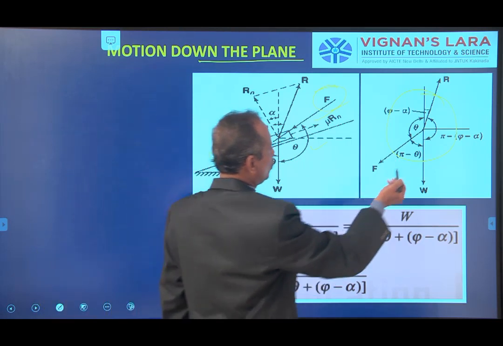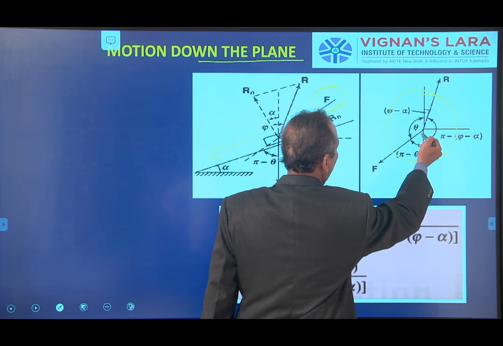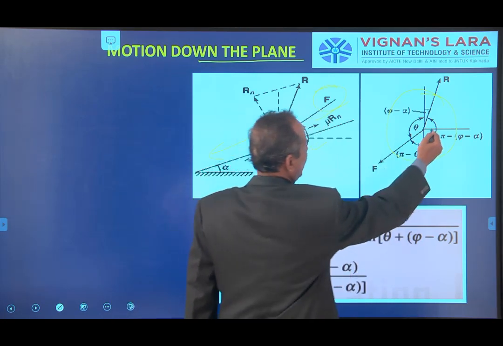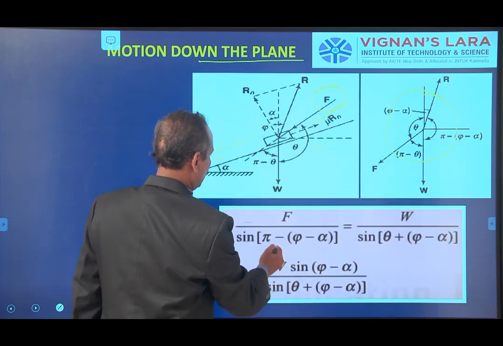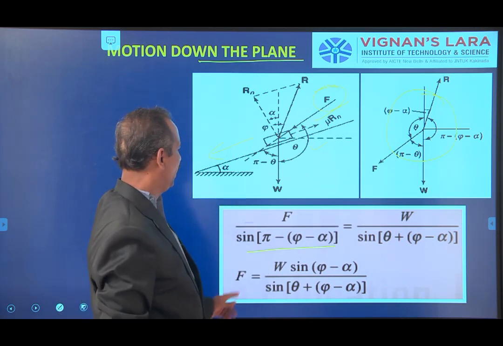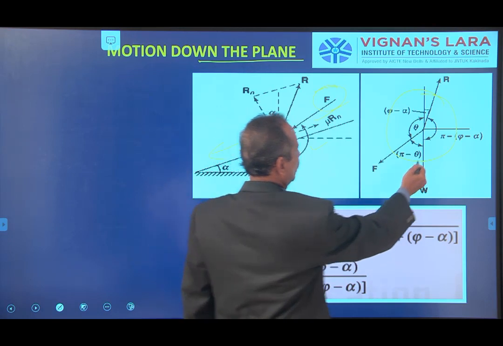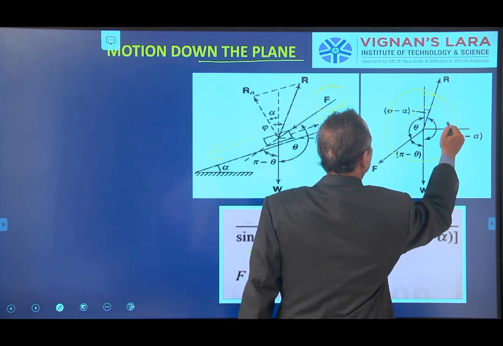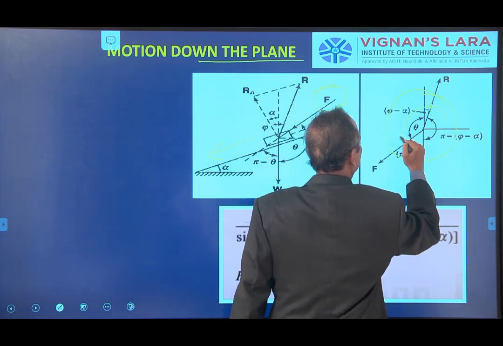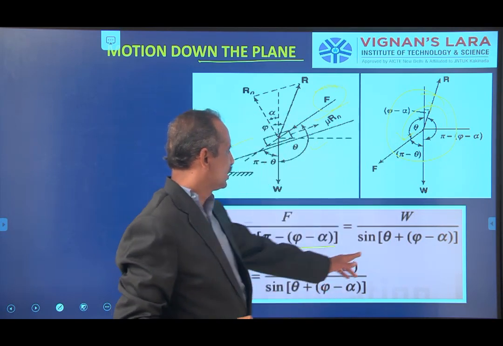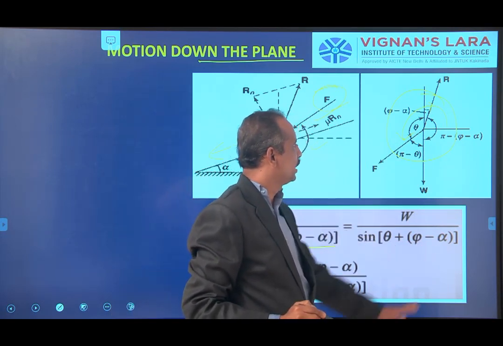So once again you apply the same formula, F by this angle, what is it? Pi minus phi minus alpha, sine component, that is W by sine theta plus phi minus alpha.